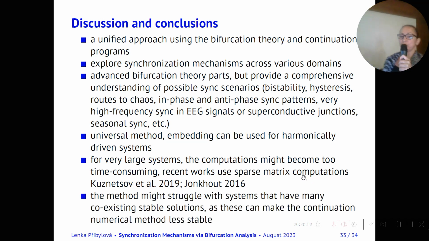And of course, the methods struggle when you have a big system with a lot of parameters, you simply have to choose, because when the matrices go bigger, the computation is slower. Sometimes it cannot be computed, but if you do it as a simulation, you come to the same problem. And of course, when there are coexisting solutions, sometimes you lose the branch.